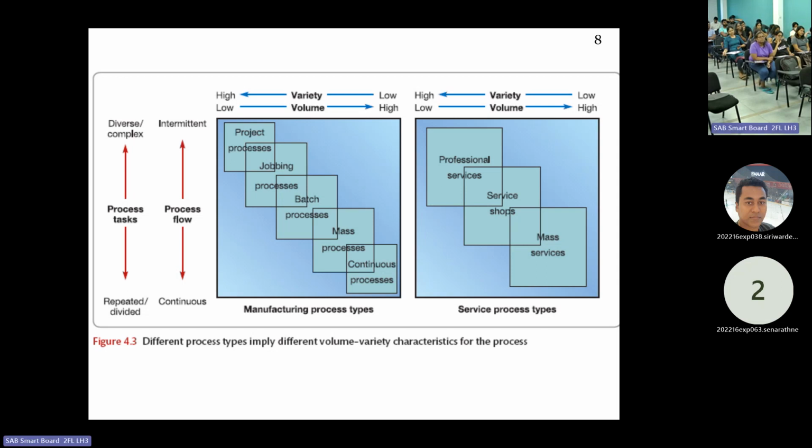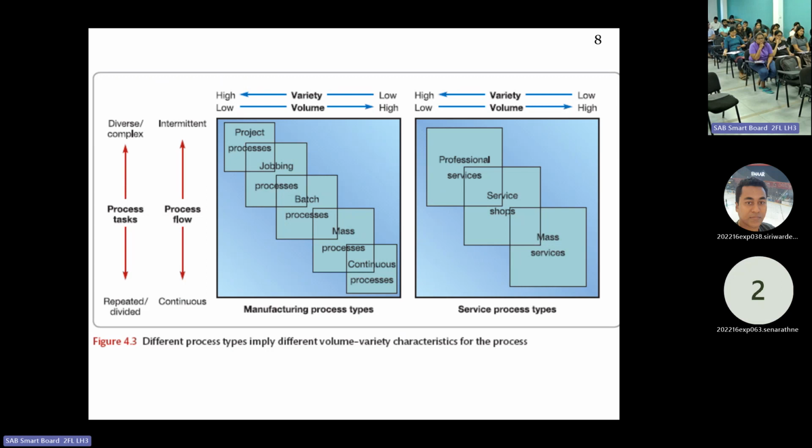Variety goes in the opposite manner. Sorry, I made a mistake. Volume is low at this end, high at that end. Variety is high at this end, low at that end. Hope that is clear.